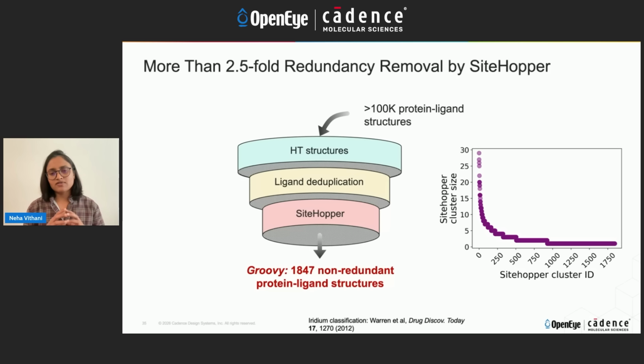The final step of SiteHopper filtration was important for removing redundancy. Without applying SiteHopper similarity filtration, we would have seen certain pockets that are overrepresented in the dataset. So using this approach, we generate more than 1,800 non-redundant protein-ligand structures that represent unique and non-redundant pockets. We call this the GROOVY dataset.